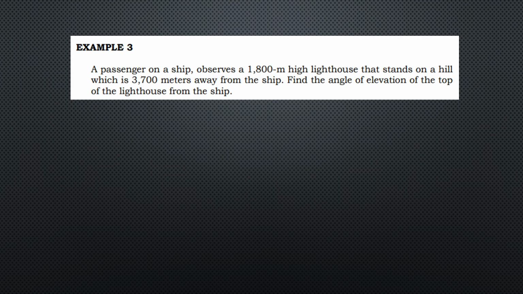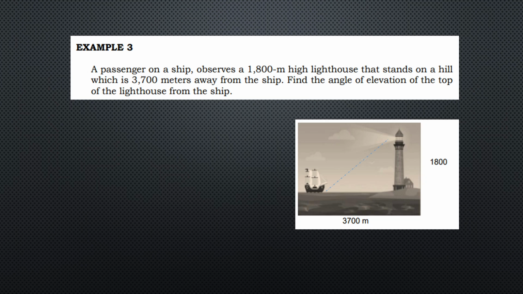Then again, you use your creativity for you to label. Take note the given here are the legs, or maybe the sides, but these are measurements, not angles. So probably one of the legs. Let's consider this one. Take note the lighthouse is 1,800 meters high and that stands on a hill.